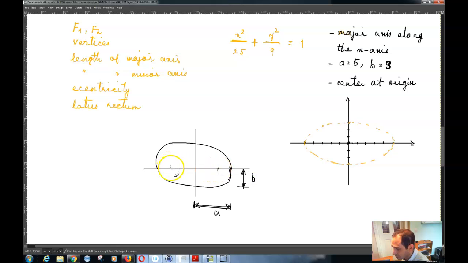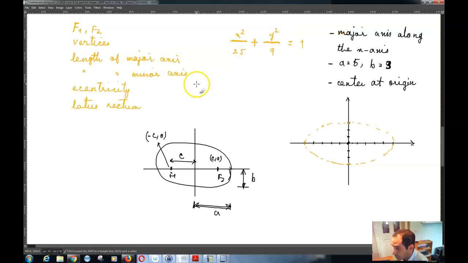And if these are, for example, F1 and F2, then this distance over here is c. That means that your foci are at a distance c from the center on both sides, meaning that the coordinates of this focus are c comma 0, and this over here is negative c comma 0.